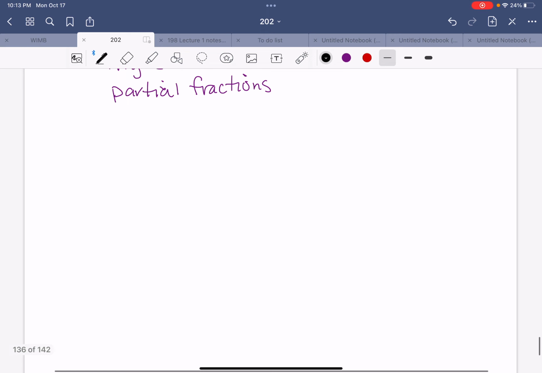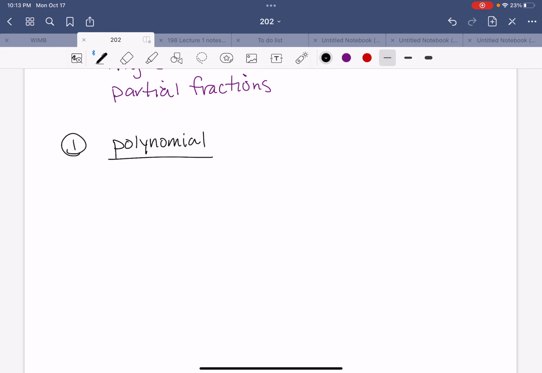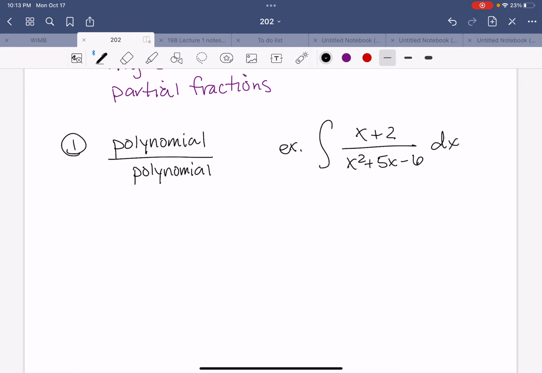So first of all, number 1, when you have a polynomial divided by a polynomial, something like, for example, the integral of x plus 2 over x squared plus 5x minus 6 dx. Whenever you're seeing something like this, typically we're working with partial fractions.